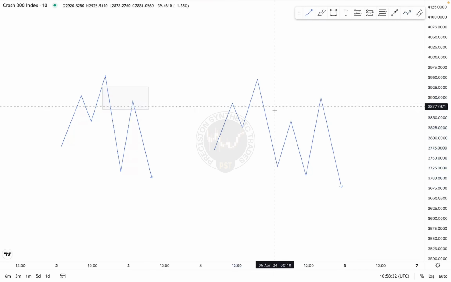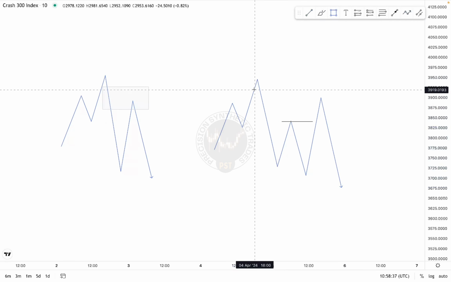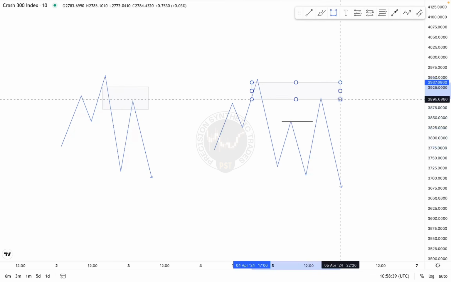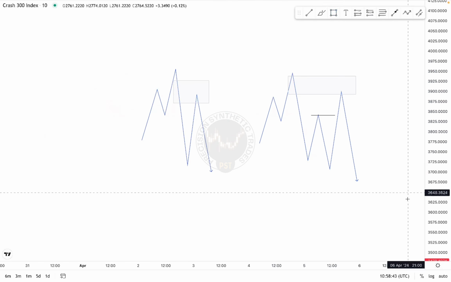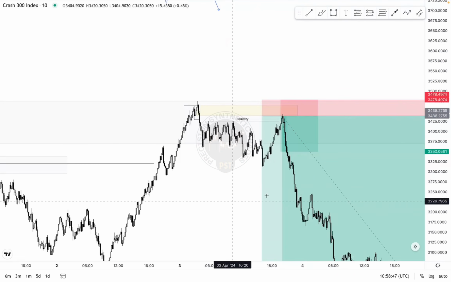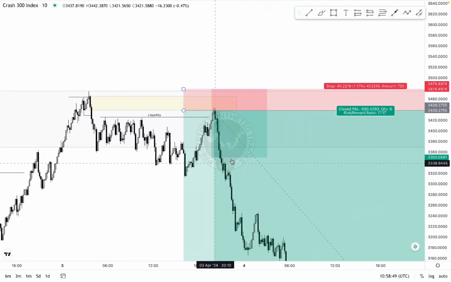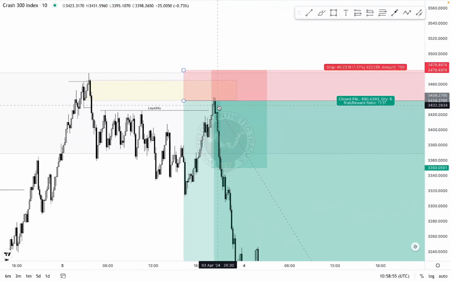Where liquidity is created and then the POI is created on the time frame, but liquidity is created. In this example, as you can see, it was what happened here on the 10 minute inside the 4 hour POI fair value gap, and that's how you got in that sniper entry on Crash 300.